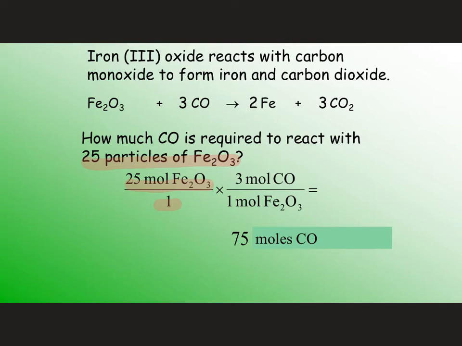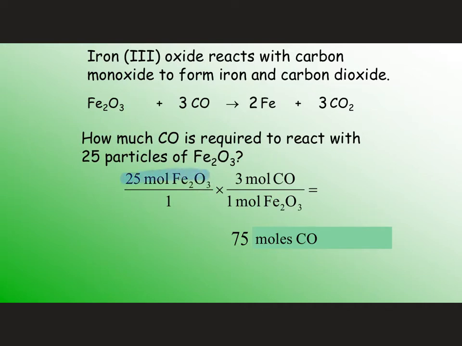Now we're just comparing generic amounts, how much. So I don't actually care what type of particle. All I care about is a ratio, a mole ratio. So see how I'm just using moles as my given? That basically says for every 25 particles or amounts of the Fe2O3, how much other stuff is used.